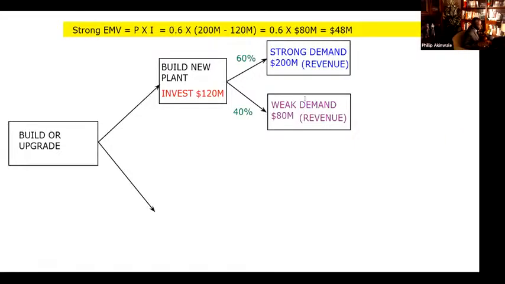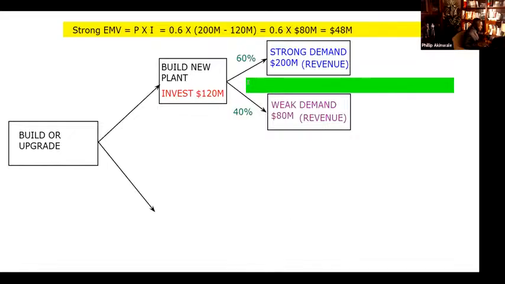So if this makes sense to you, then the next one will make sense as well. The next one, we are going to do this for the weak demand. So let's put another box here. And we already know the formula. So we're just going to take the numbers again. We're going to say probability times impact. The probability in this case is 40% or 0.4.